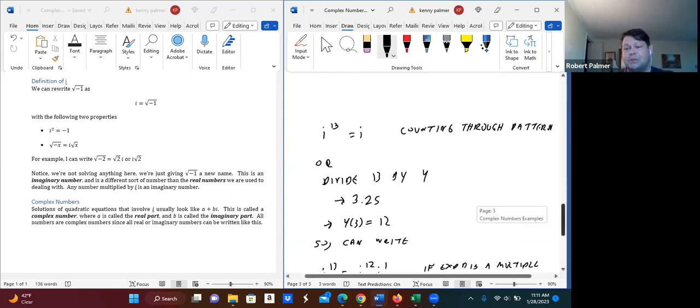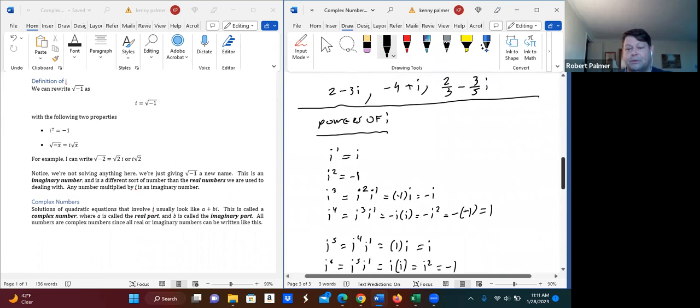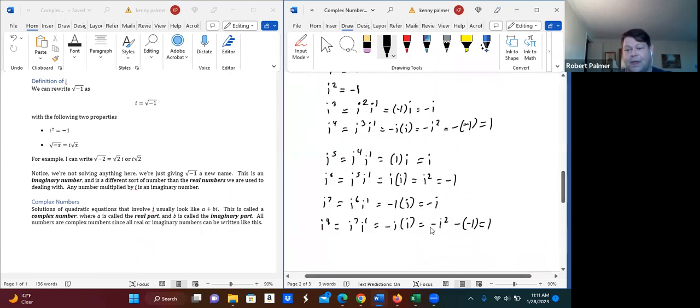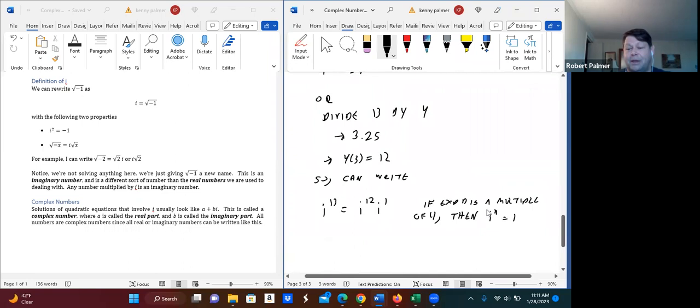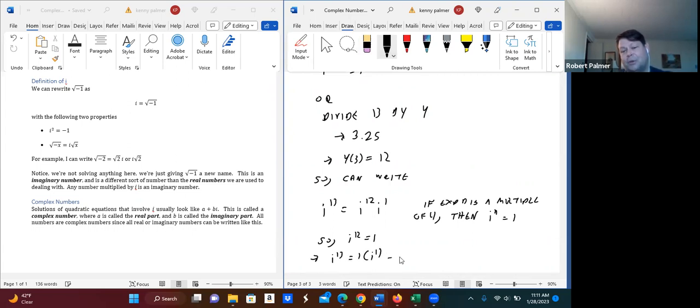Because as we saw, i to the 4th was 1, i to the 8th was 1. If you compare the pattern, i to the 12th is also 1, i to the 16th is 1, and so forth. So if you can divide your exponent evenly by 4, then i to that n is just going to be 1. So i to the 12th is 1, and this implies that i to the 13th is going to be 1 times i to the 1st, which is just i.